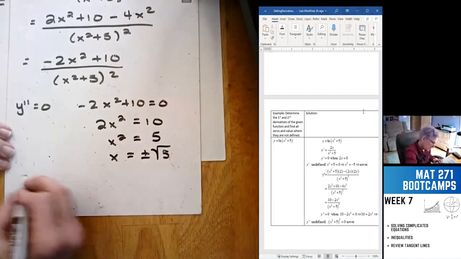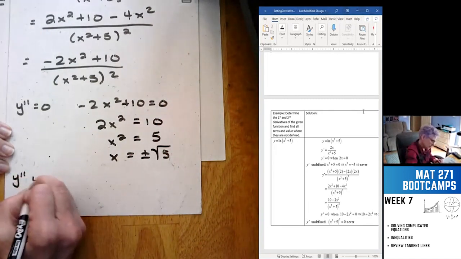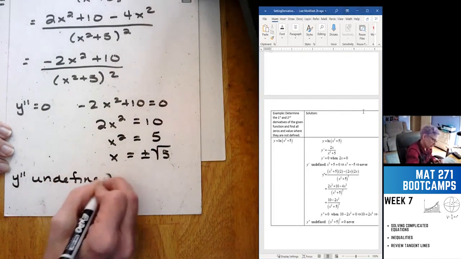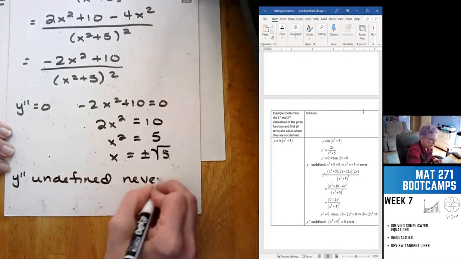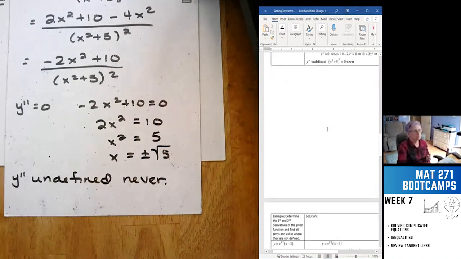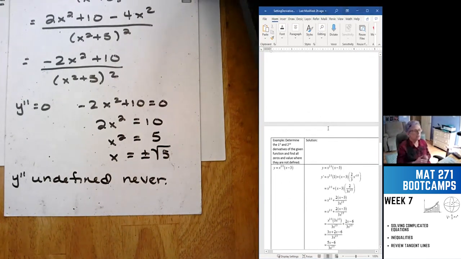It's going to be undefined when the denominator is equal to 0, and that's never. Not in the real world. That one wasn't bad at all. Now let's look at this ugly one with the product rule in it.